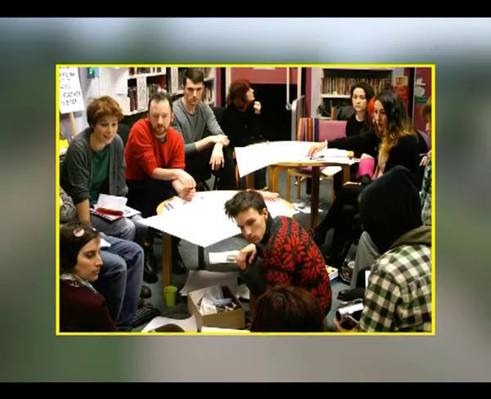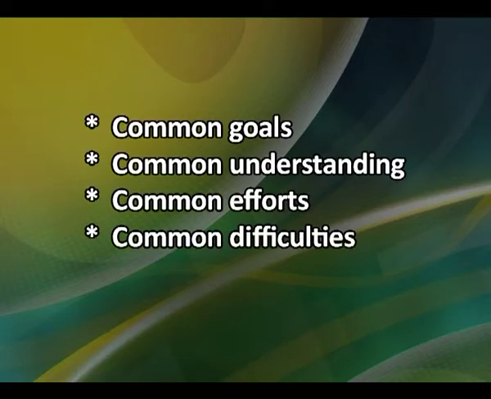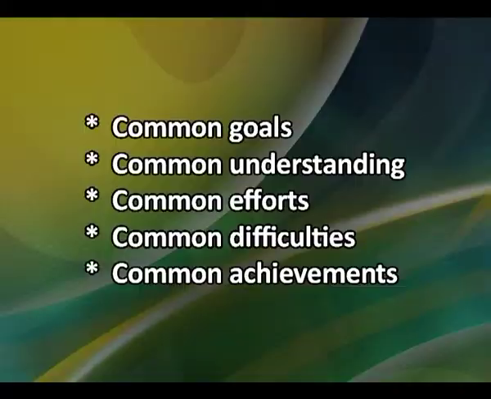Measurement helps in the classification and grouping of the students so that no embarrassment or stigma is attached to the group works for common learning needs. There is a group solidarity resulting from common goals, common understanding, common efforts, common difficulties and common achievements. Individual attention is also made possible for specific accomplishment deficiencies.